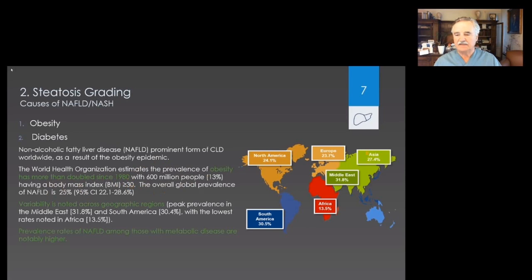And also there is variability noted in different regions of the planet. Prevalence rates of NAFLD are becoming more and more important if there is a metabolic disease.